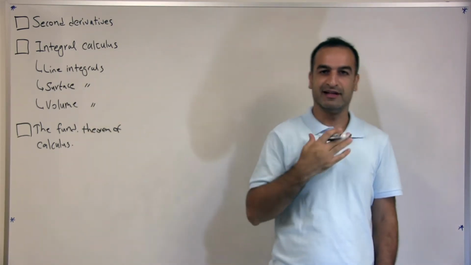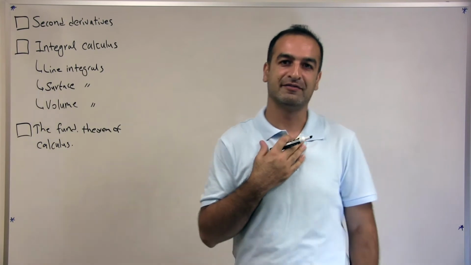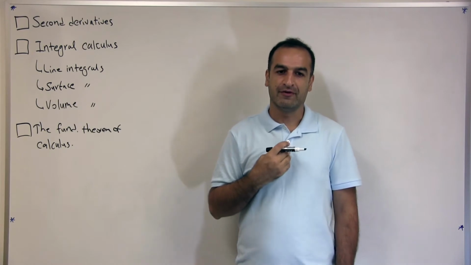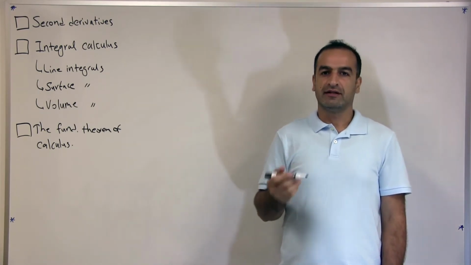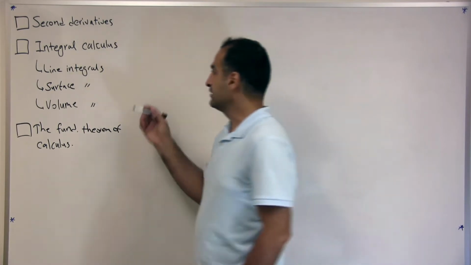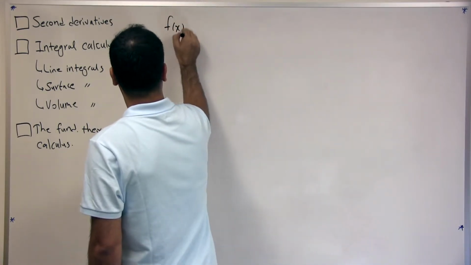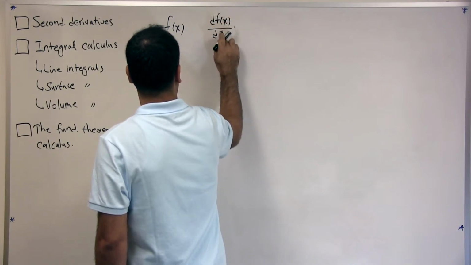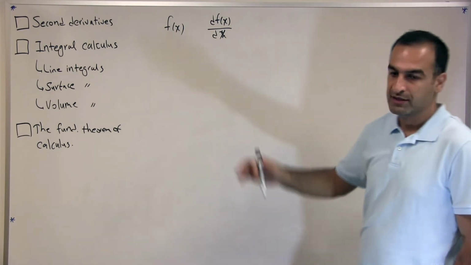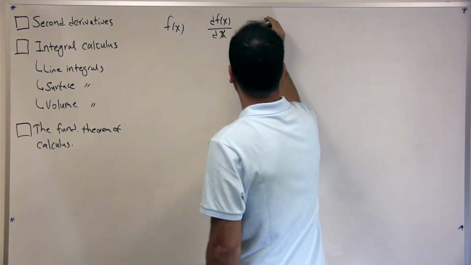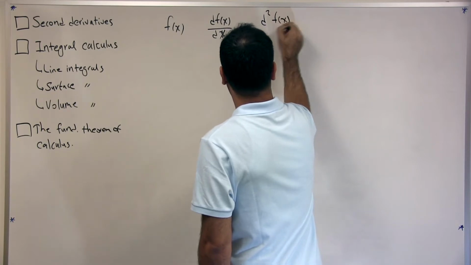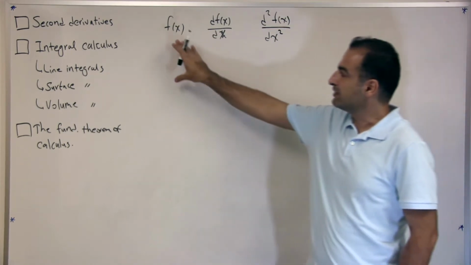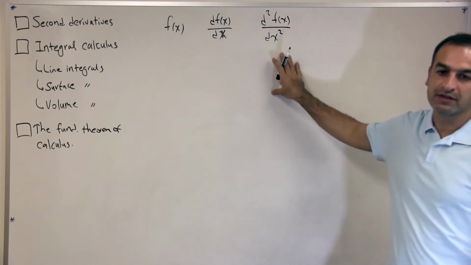Okay, so as it's kind of obvious from the name, second derivative means applying derivative two times. For a simple one-dimensional function, that's very trivial. If you have a function of x, the first derivative is df over dx. This is going to be the slope, and then you will have the second derivative, d2f over dx2. Technically this is a function; the first derivative becomes the slope, and the second tells you the curvature.